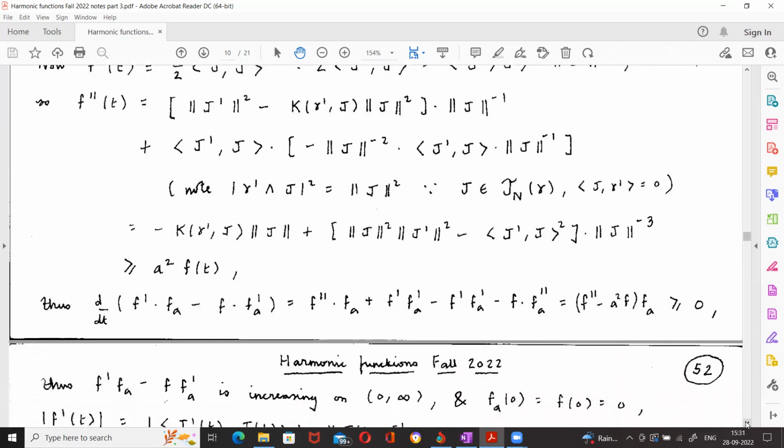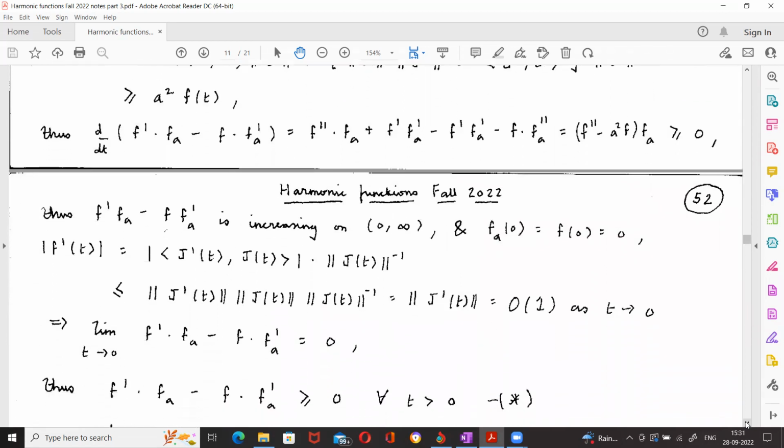So what do we get? That means this function f dashed times fa minus f times fa dashed is increasing on the interval 0 to infinity, for any solution fa of the differential equation fa double prime minus a squared fa equal to 0, which satisfies fa of 0 equal to 0 and fa dash 0 positive.